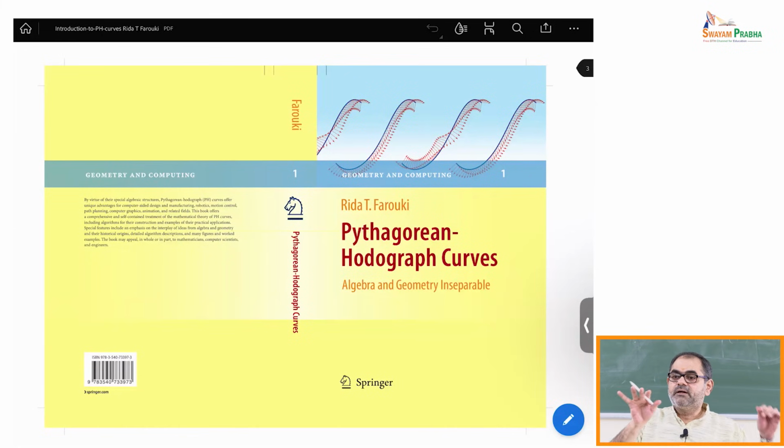But if you are making calculations involving just polynomials, then you can make accurate calculations. So there are these curves called Pythagorean hodograph curves, for which the parameterization can be given in terms of polynomials. These are very good for computation.